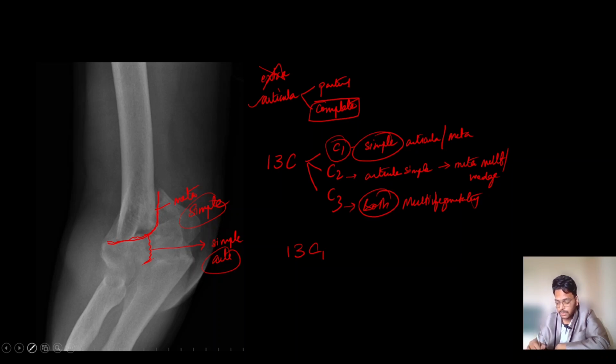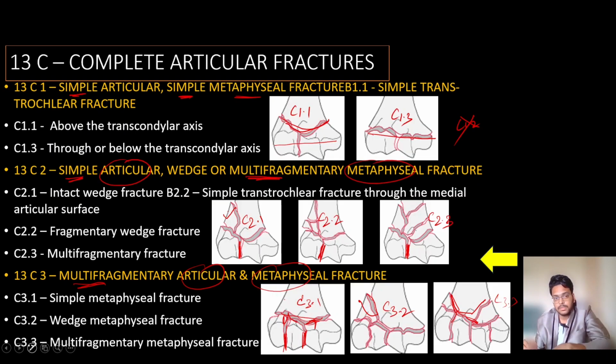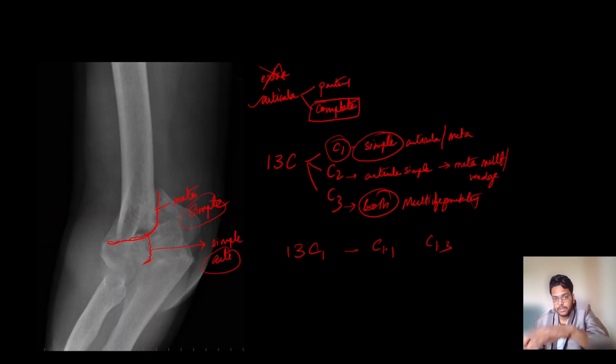In C1 also you have C1.1, C1.3. So C1.1 is if the fracture is above the transcondylar axis, and C1.3 is through the transcondylar axis. So can anyone tell me if it is above or below? It is not above, it is going through the transcondylar axis. So here is the transcondylar axis and the fracture is going through it.